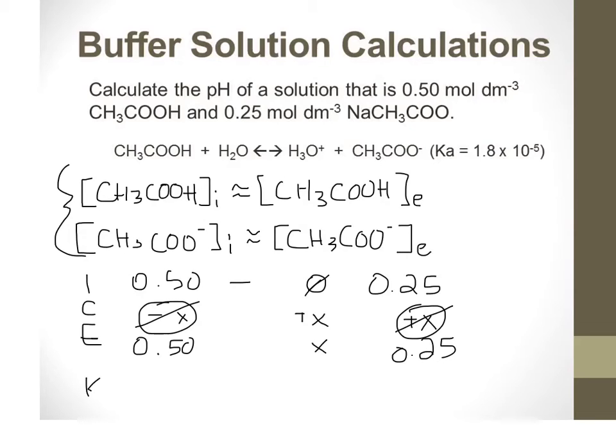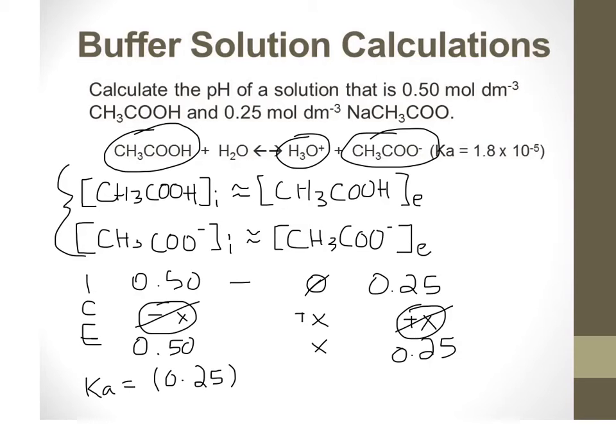So we can set up our Ka. Our Ka is going to be our H3O+ times our CH3COO- divided by the CH3COOH. Now I'm just going to put the values in here, and we're given our Ka, so it's 1.8 times 10 to the negative 5.